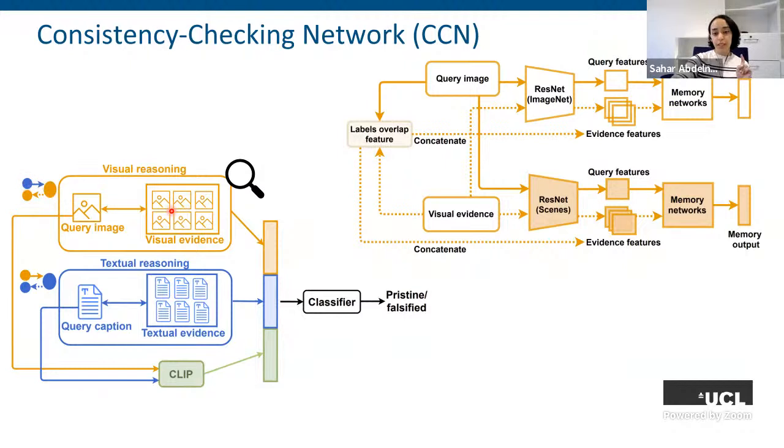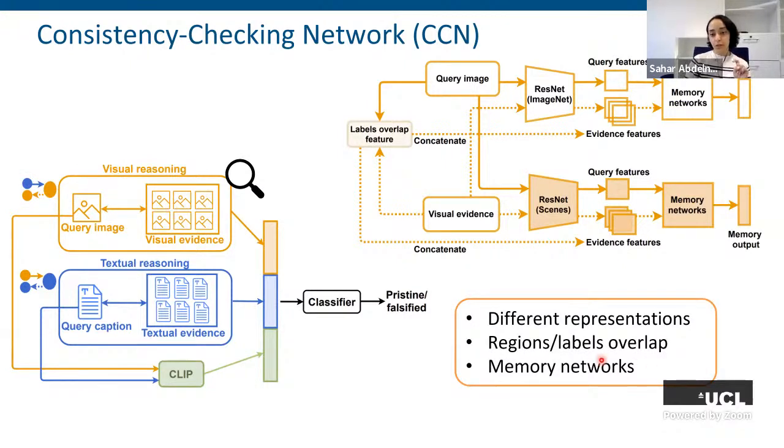The main takeaway here is that we want first to use different strong representations of the images, for the query images and the visual evidence images, and therefore we utilize here 2 pre-trained networks. The first one is a ResNet model trained on ImageNet, and also, to encourage the model to be more aware of differences in scenes and places, we utilize a ResNet model that was trained on the scene classification task.